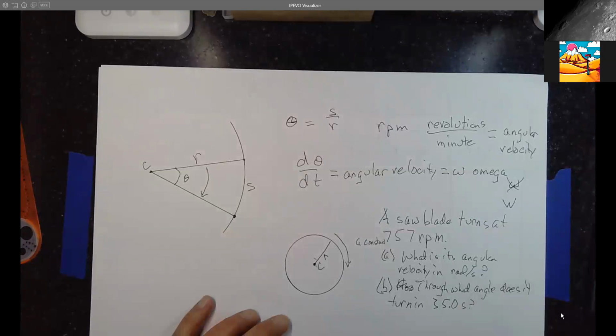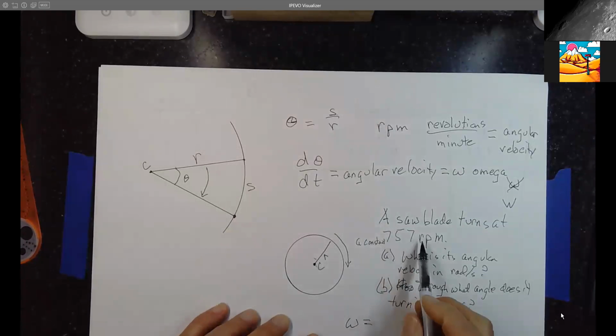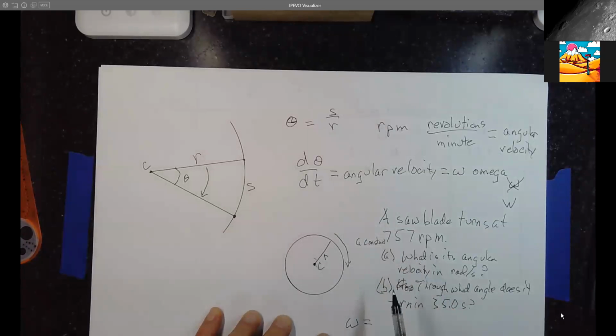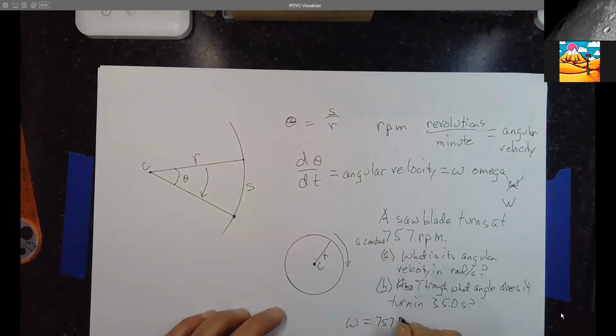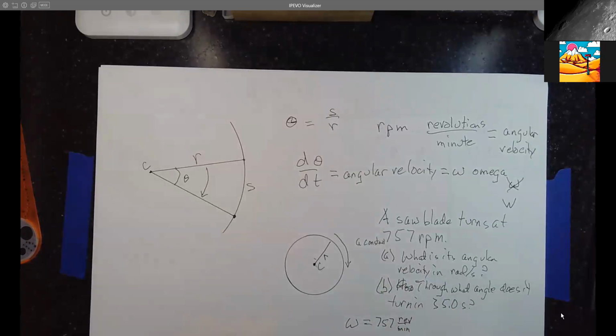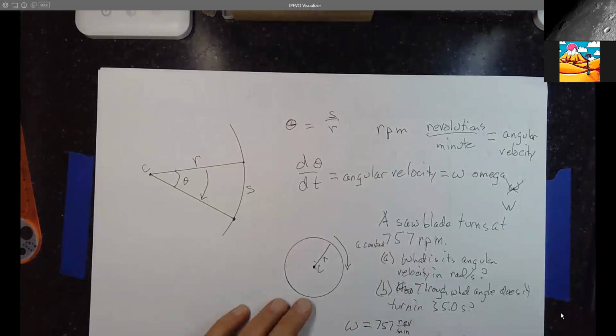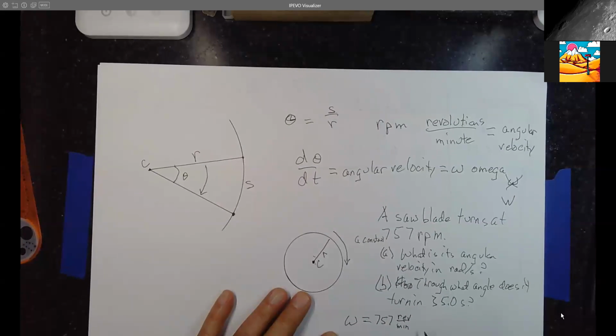So let's see, angular velocity in radians per second. Well, you know that its angular velocity, 757 RPM, is an angular velocity. That's 757 revolutions per minute. It's just that it's not that easy to figure out some of the things that we're going to want to know in terms of these other things.